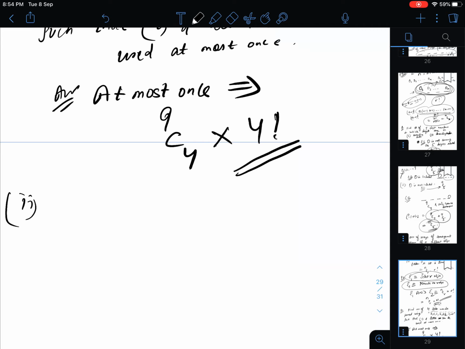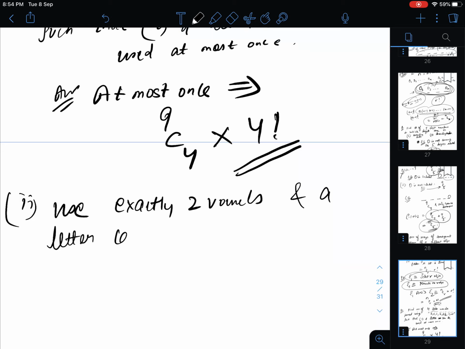Second, use exactly 2 vowels and a letter can be used at most once.